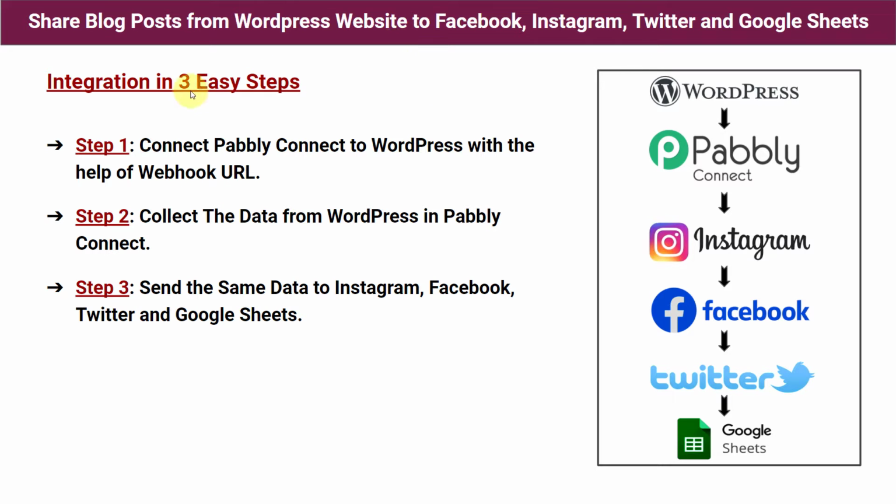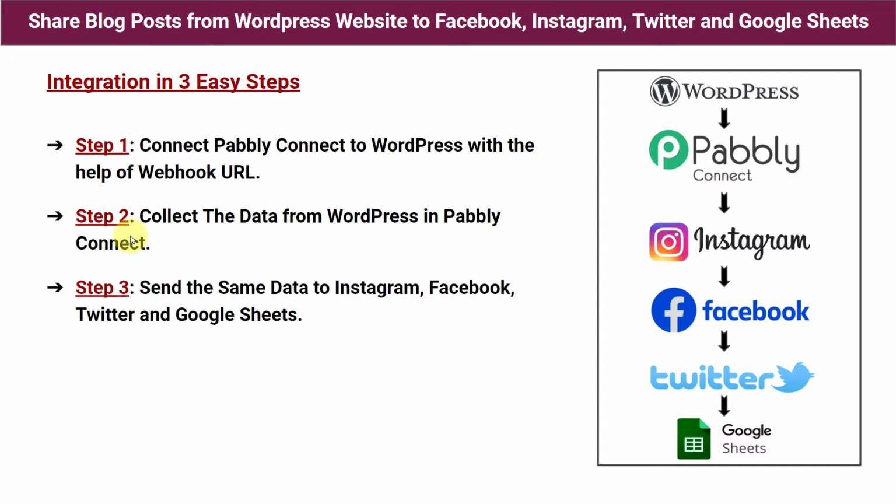So guys, these are the 3 easy steps by which you can also make this integration or connection between your WordPress and your social media applications as well as Google Sheets. Step 1 is connect Pabbly Connect to WordPress with the help of webhook URL. First of all, we are going to open Pabbly Connect and connect our WordPress with Pabbly Connect. Step 2 is collect the data from WordPress in Pabbly Connect.